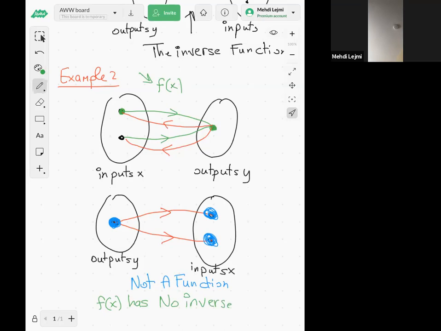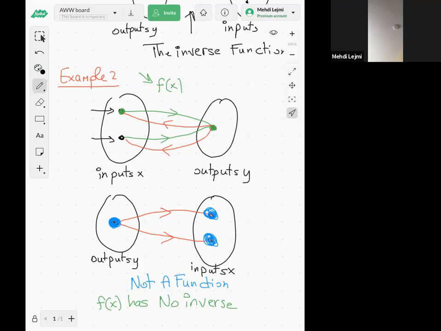Okay. So what went wrong with this example? Why does this function f have no inverse? Well, because I have these two inputs, and the two inputs have the same output.